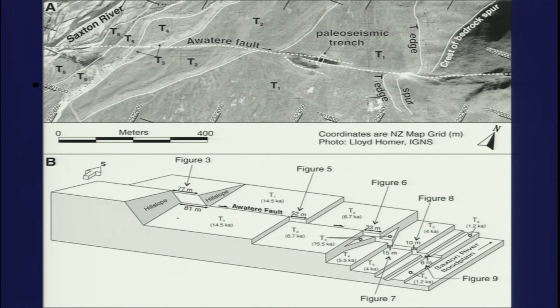Okay. So, this is an example of a strike slip fault, which shows the amount of displacement between the different surfaces. So, you have the fluvial surfaces over here and the fault is cutting through this one here. Okay. And the displacement between the surfaces varies along the fault. Okay. It is not the same.